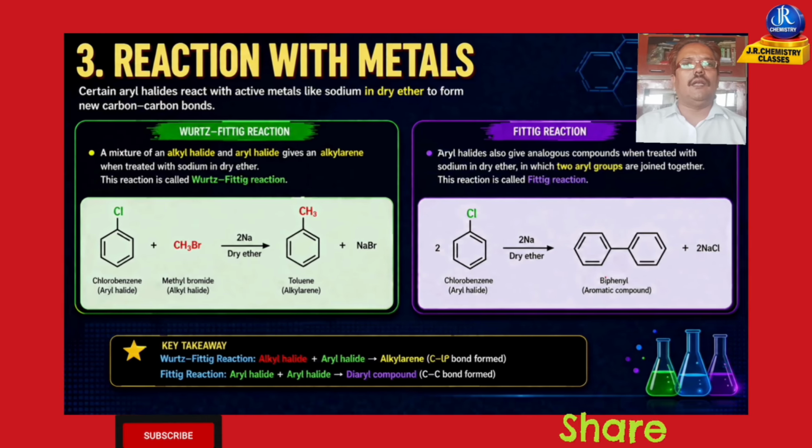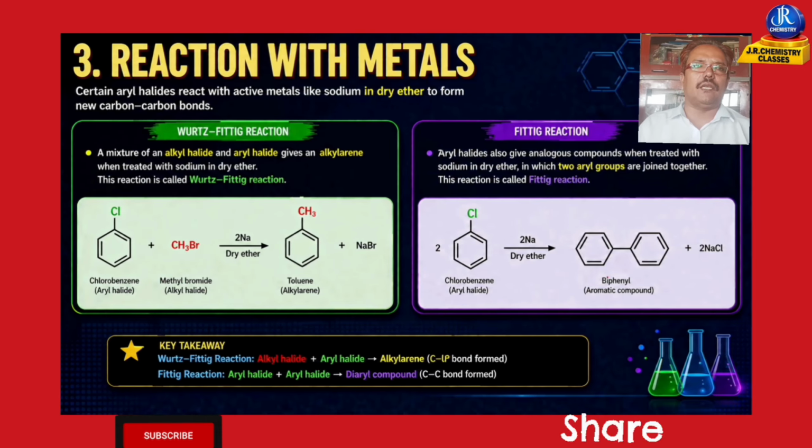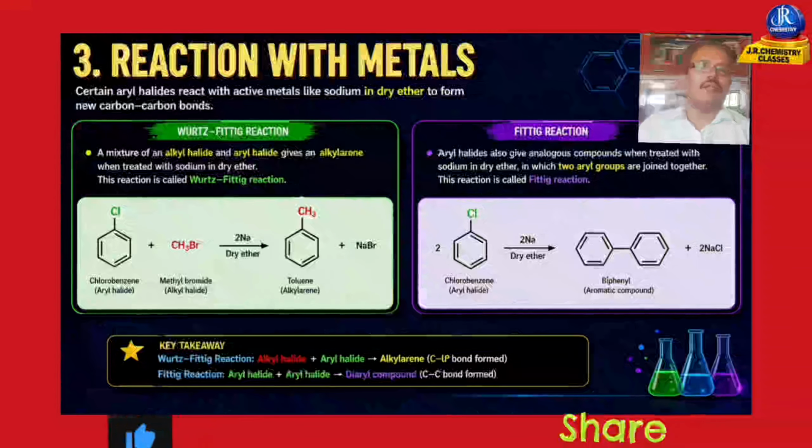And third is reactions with metals. In this, first is Wurtz-Fittig reaction. A mixture of an alkyl halide and aryl halide gives an alkyl arene when treated with sodium in dry ether and is called Wurtz-Fittig reaction.